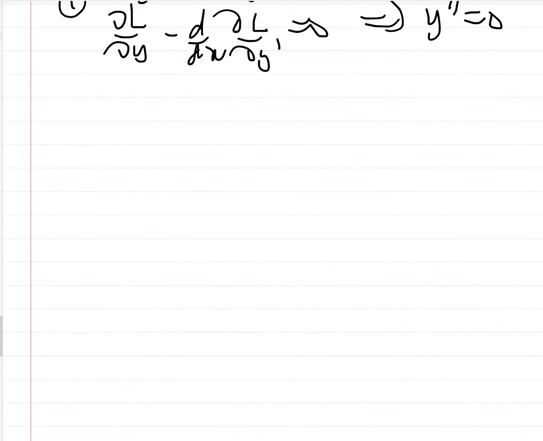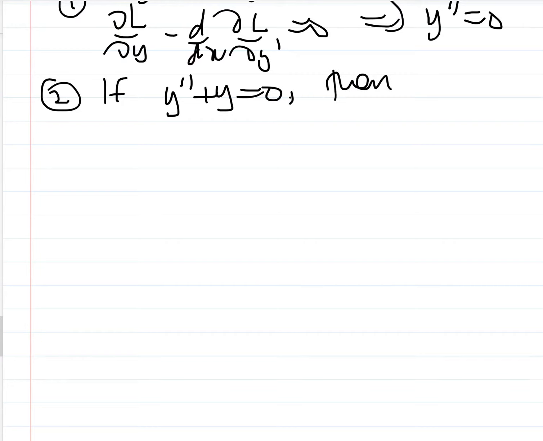An example that I may not have given you: if we're given the simple harmonic oscillator equation, y double dash plus y equals 0, then it can be shown, if L equals a half y dash squared minus a half y squared, let's do the various derivatives.